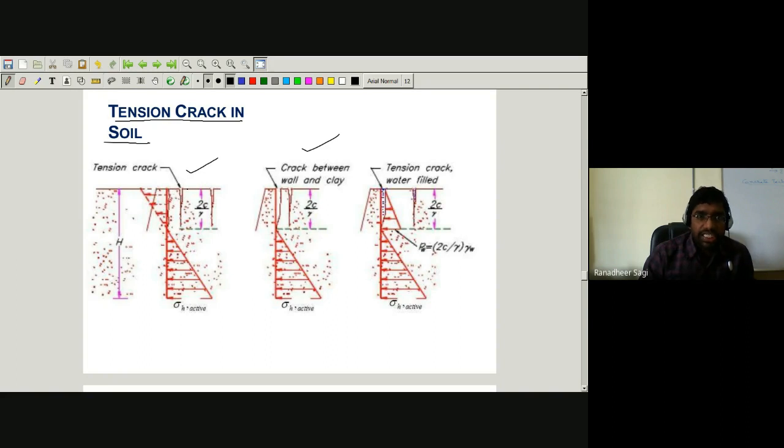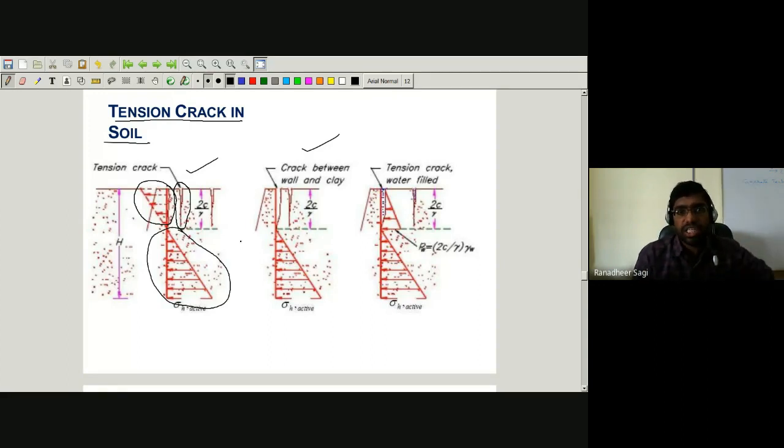The first case says that there is a tension crack which is not immediately adjacent to the position of the retaining wall. So the tension crack is not developed immediately adjacent to the position of the retaining wall. In such a case, you will have a negative stress distribution as well as a positive stress distribution indicated in your earth pressure distribution diagram.